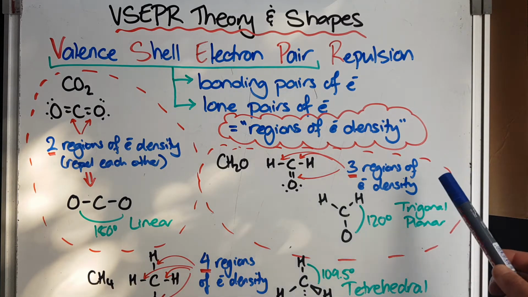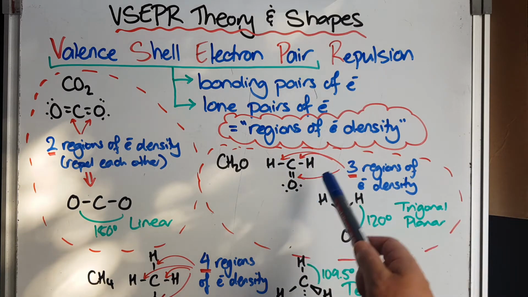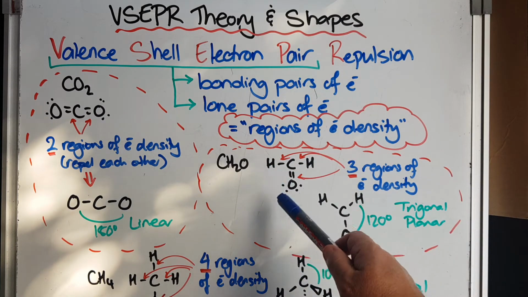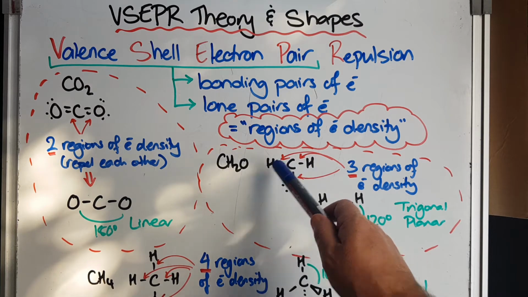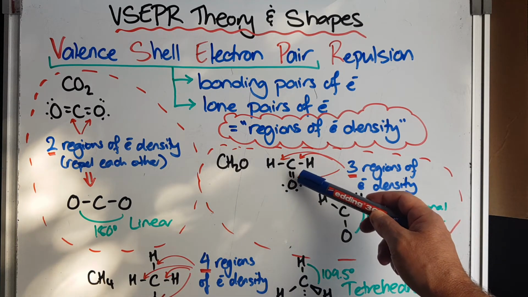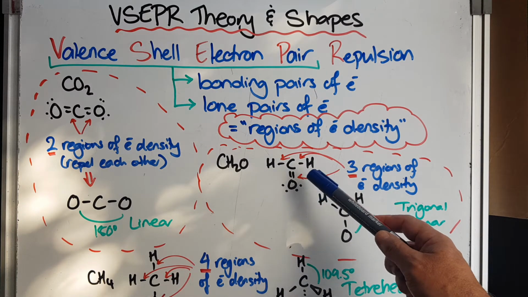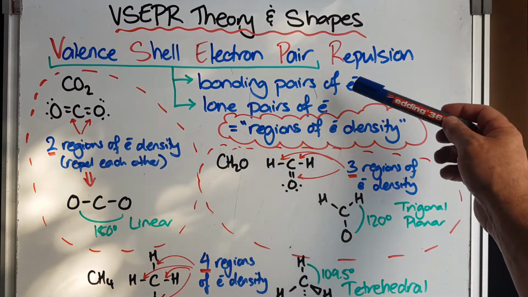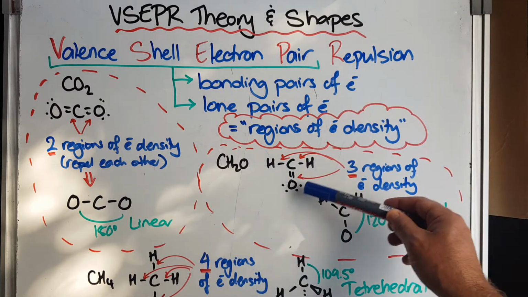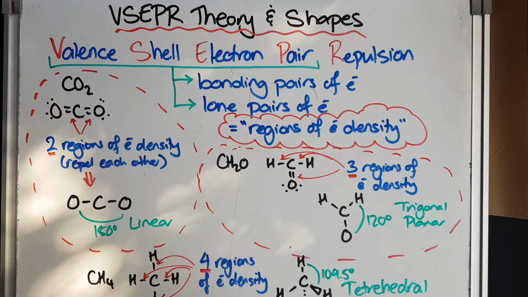When there were three, so for example methanal, we've got the Lewis structure here showing us 1, 2, 3 regions of electron density. Even though this is a double bond, it only counts as one region of electron density. Because it's a bond, even though it's got two bonding pairs in there, it only counts as one region of repulsion.